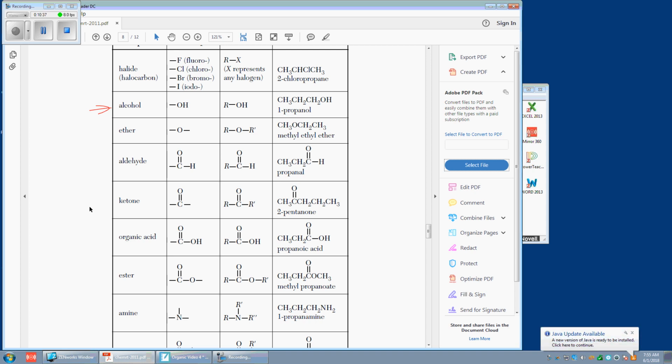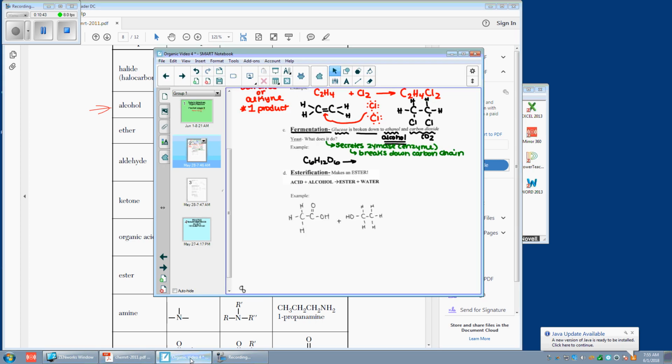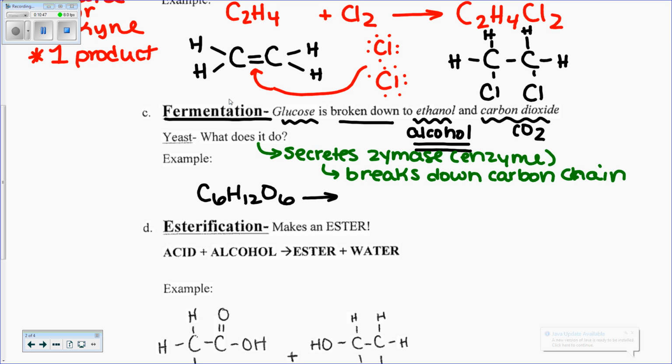They give me an example of propanol. I want to do ethanol, so just take one of the C's with H's out. I can do that. So I get C2H5OH, there's my alcohol, my OH group, and they also make CO2.